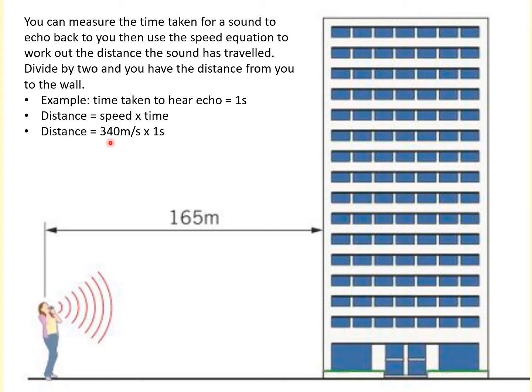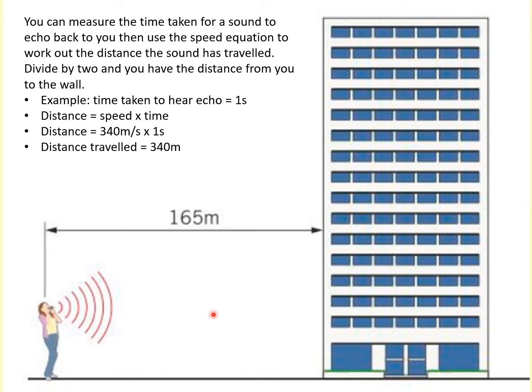So we've got speed here, so we've got 340 meters per second here. And the time taken, we're given in the question, is 1 second. So we've got 1 second in here. And so the distance travelled is 340 meters. But that means that the sound wave has travelled from the person to the building and back again.